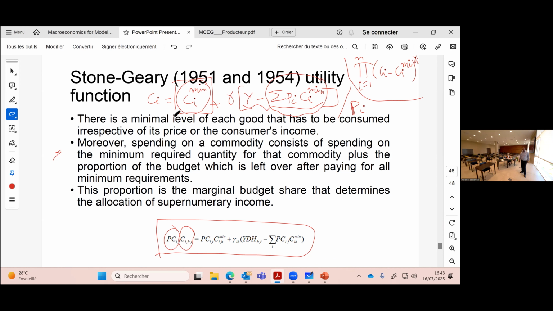We can use a Stone-Geary specification. There are other demand systems we can use, but at an advanced level; in another training, I can tell you more on that.